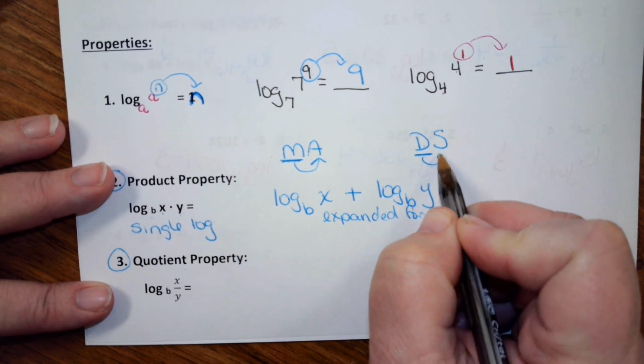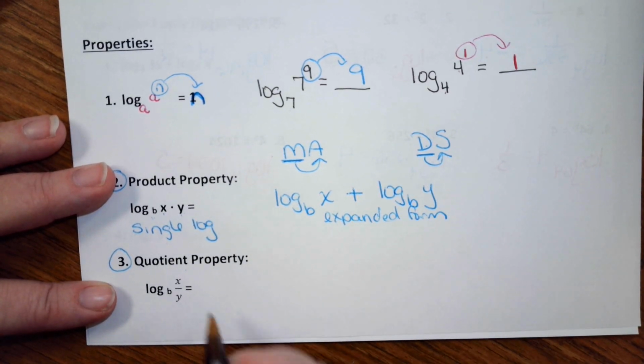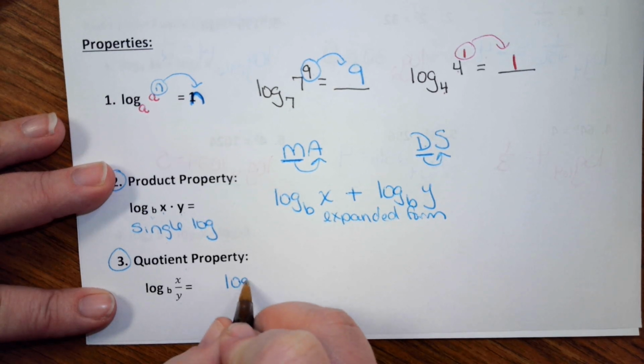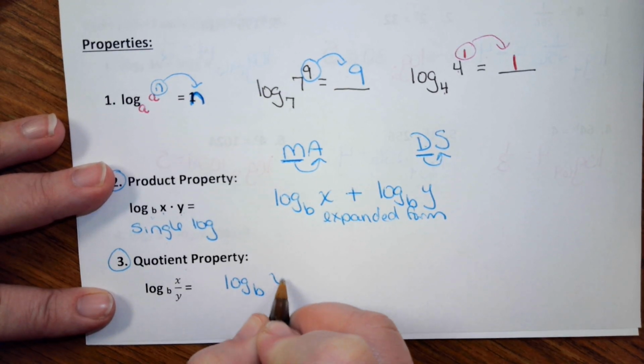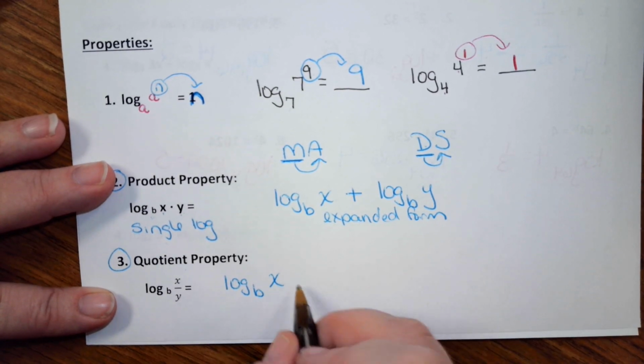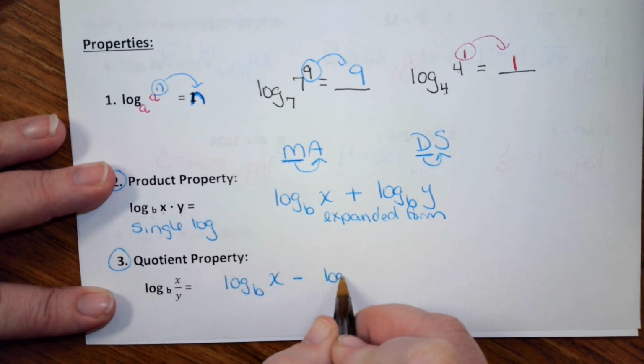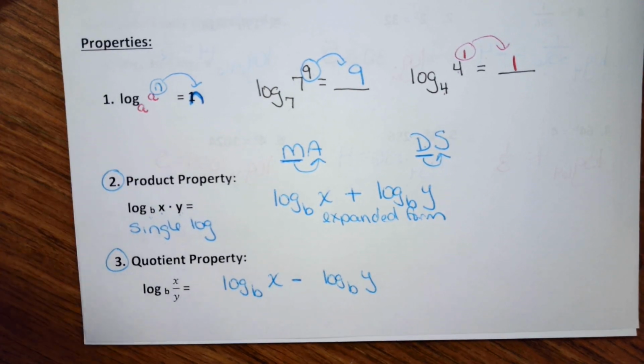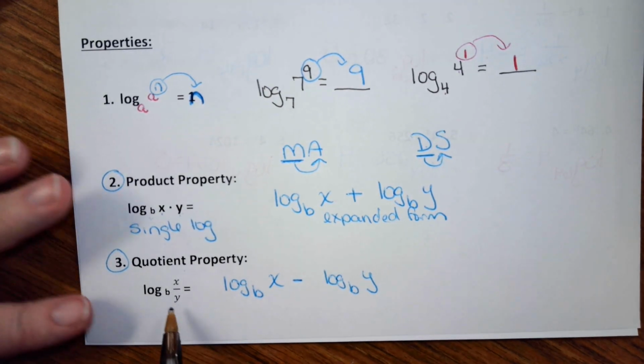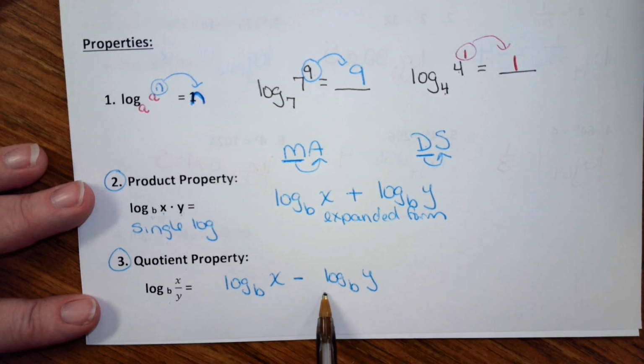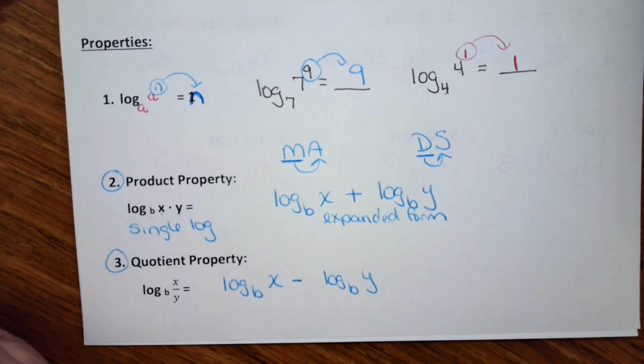If you're dividing, you're going to subtract. So we're going to say the log base b of x, since that's in your numerator, minus the log base b of y. And that's how you change it from single log to expanded form.